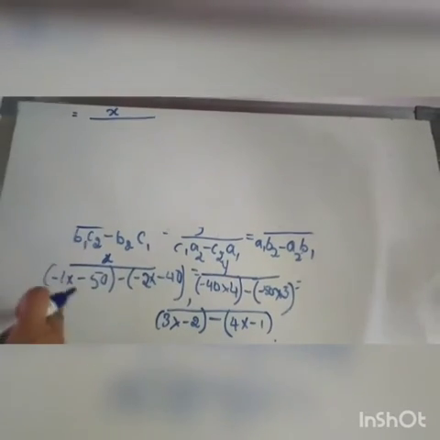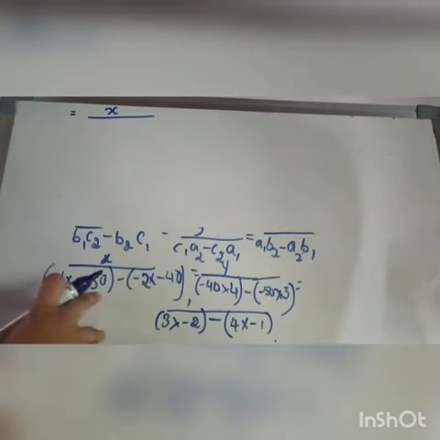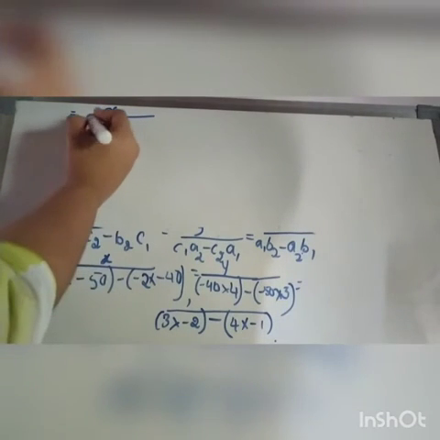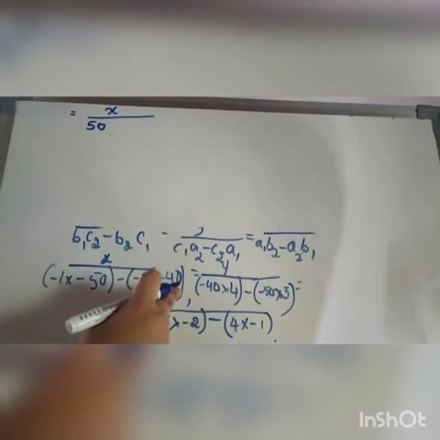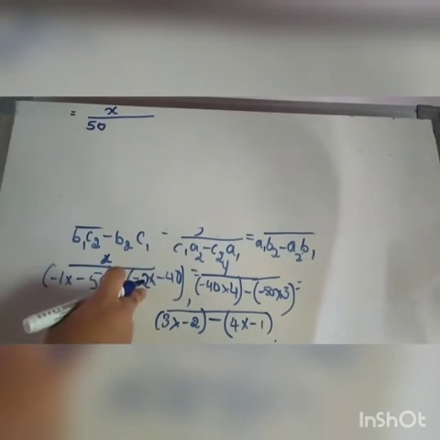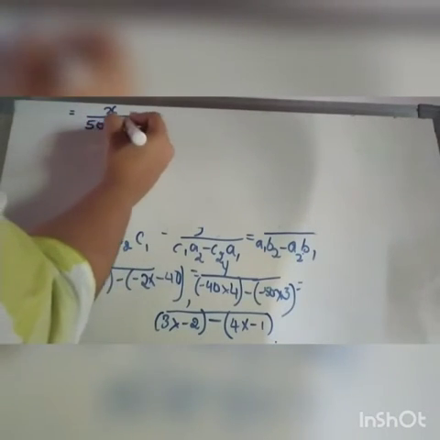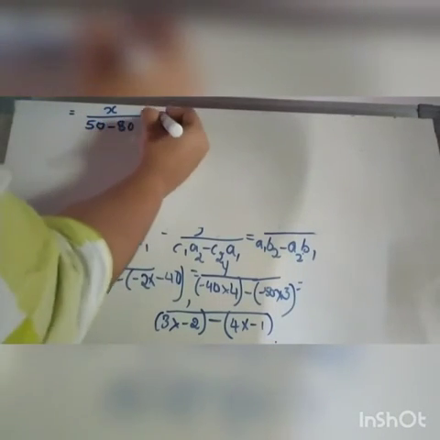Now if I simplify this, X divided by minus 1 into minus 50 is plus 50, minus 2 into minus 40 is plus 80, minus 80, so you get minus 30.